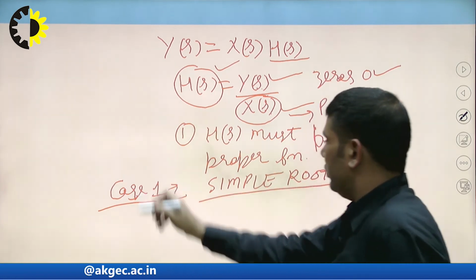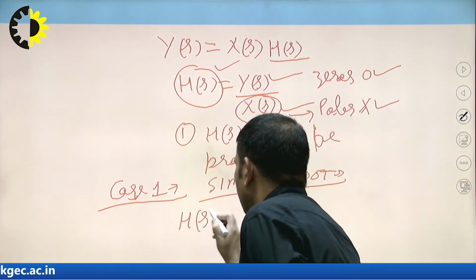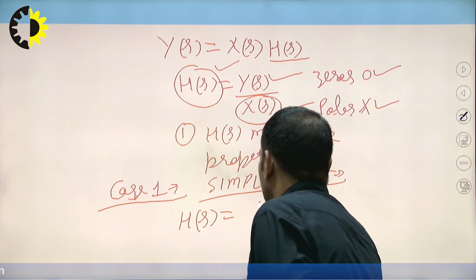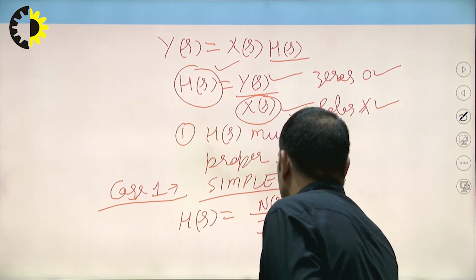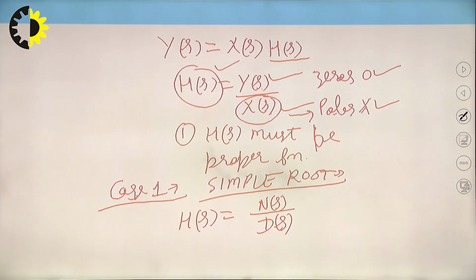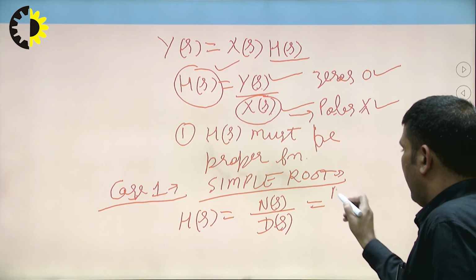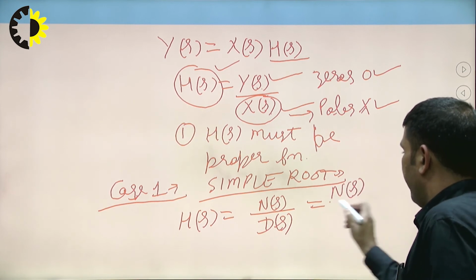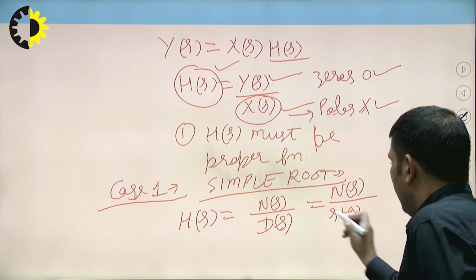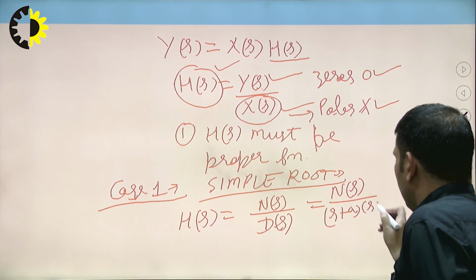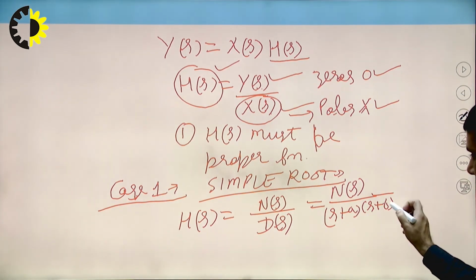Suppose you have a function H(s) is equal to any function N(s) upon D(s), or you can say suppose N(s) upon (s plus a)(s plus b). So here you can say the poles are simple.